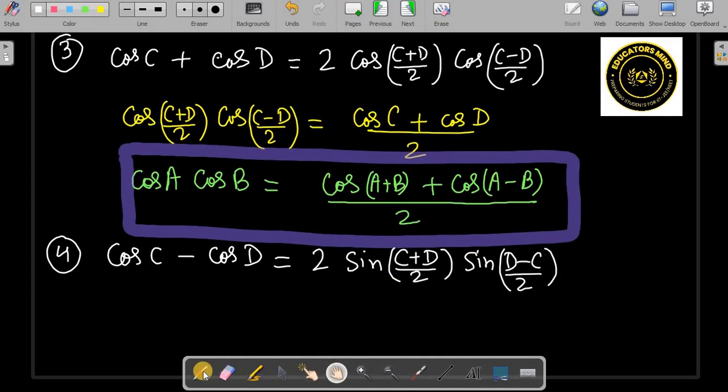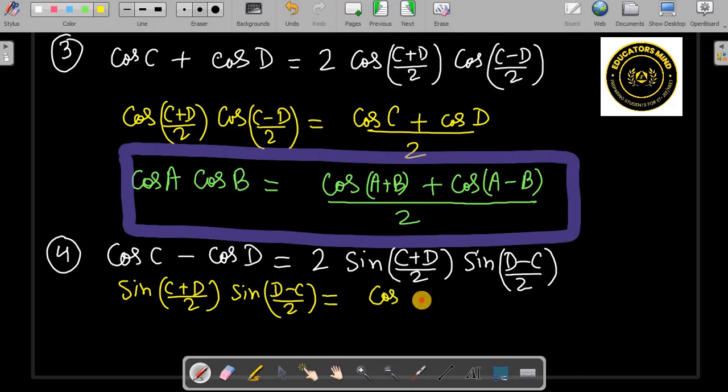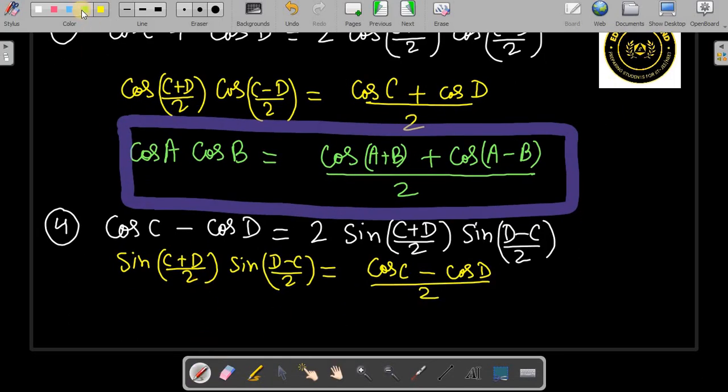Now when you are going to transform it, you will write sine (C plus D) by 2 into sine (D minus C) by 2 is equal to (cos C minus cos D) divided by 2. Now I am going to write this as sine A into sine B. So if I write this as sine of A into sine of B.